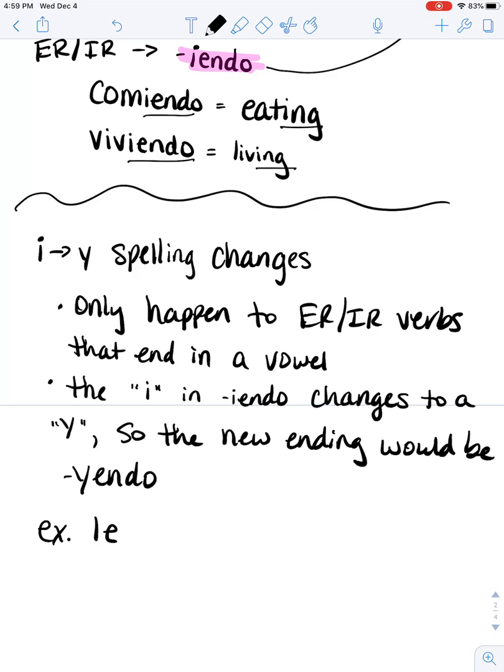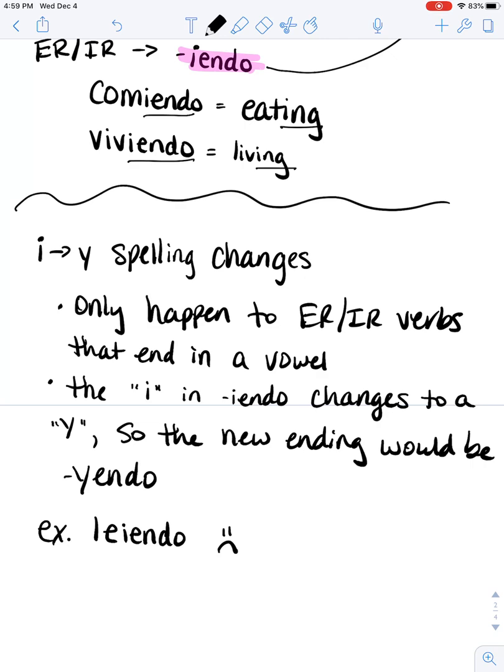We're left with LE. It ends with a vowel. If we were to put on the normal regular ending of iendo, take a look at that. Keep in mind that it's wrong. The pronunciation of this spelling would be leiendo.